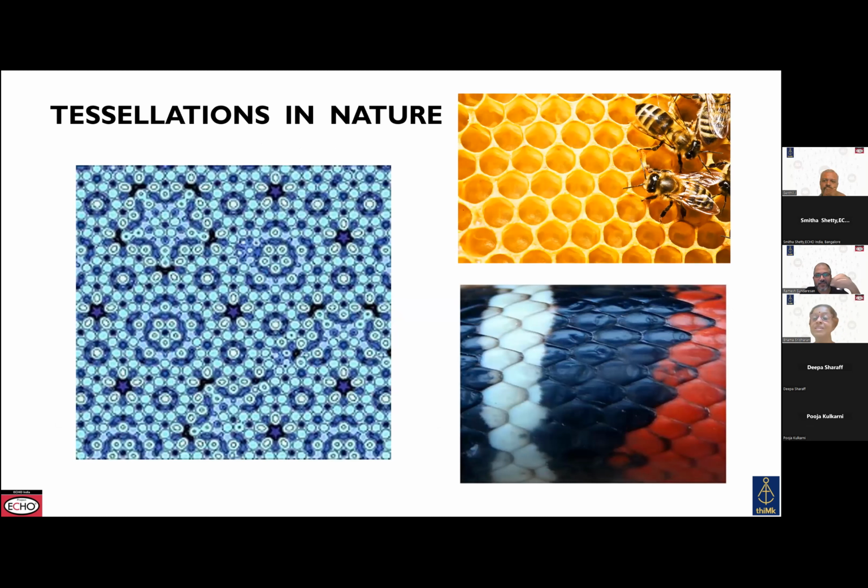And in nature, we see hexagonal tessellations in honeycombs in beehives, shown on the top right. And snake skin is a tessellation with a rhombus kind of shape, like the bottom right. And these are all periodic, right? So people started wondering if an aperiodic tiling pattern can ever occur naturally.